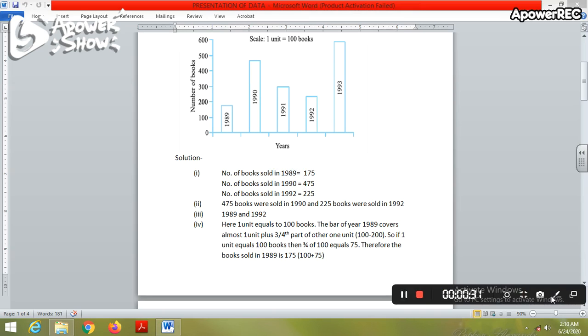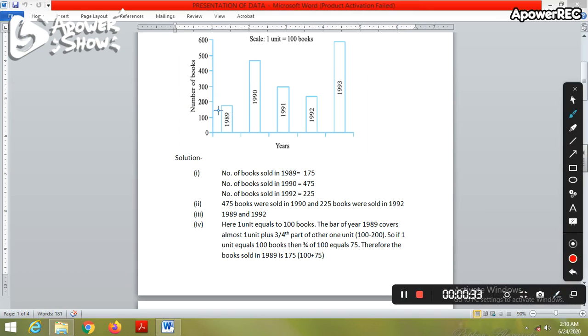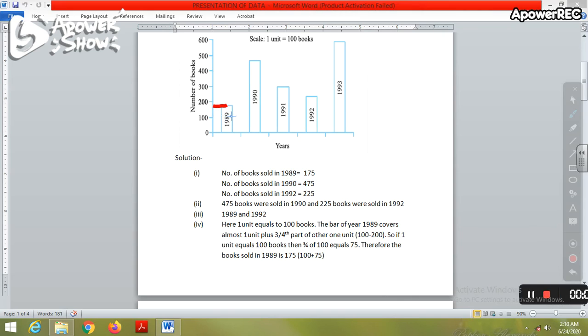How? Just draw a line from here to here. After drawing a line, we get that the number of books sold during 1989 lies between 150 and 200. So we take a value between 150 and 200, and that value is 175. You can take another value as well between 150 and 200.